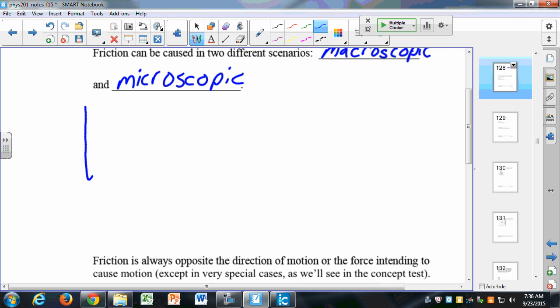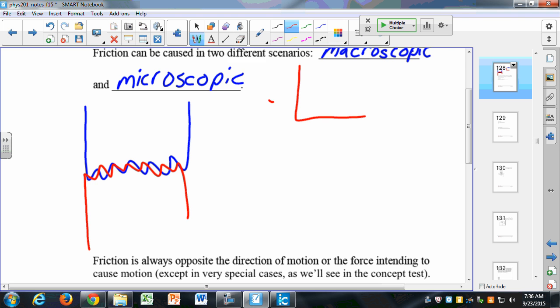Macroscopic just means like if I have 2 surfaces that come together like this, these 2 surfaces are going to experience friction just simply because the crags and the crevices are all going to catch on one another, and they'll mechanically be obstructing the motion of the other. That's what you think of when you think of friction, that you have these surfaces that are just bumping up against one another. Right?